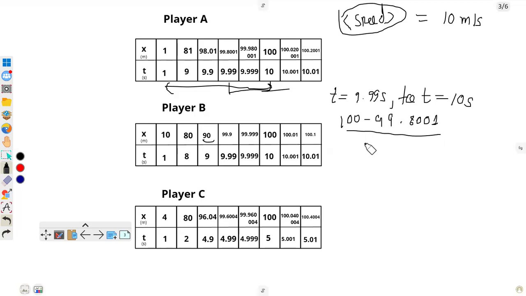Just a second. 0.1999. Yes, 0.1999. And what is this? This is the distance traveled in t equal 9.99 seconds to t equal 10 seconds.